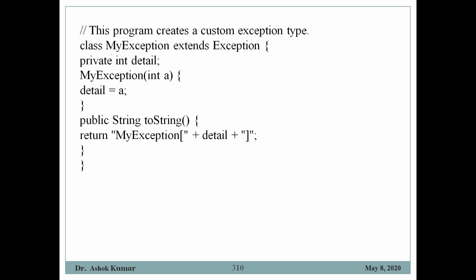Here in this case, we are creating one class, the class name is myException, and it is extending the exception class. This is the rule: if you want to create your own exception, you have to extend or inherit the exception class.